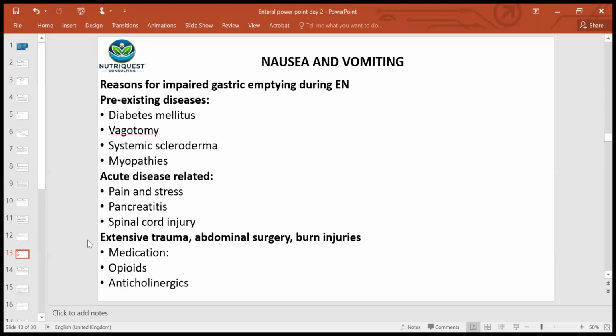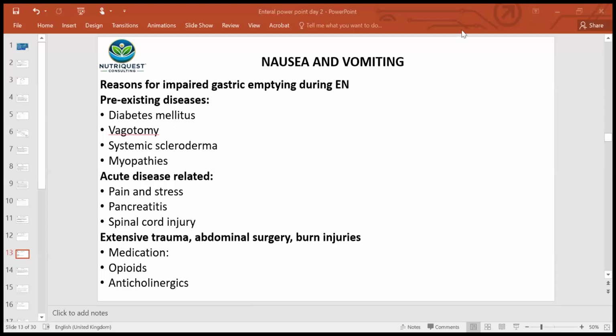Then, of course, we have extensive trauma, abdominal surgery, burn injuries, medications like opioids, anticoagulants, all those are known to cause nausea and vomiting. So when a patient is on enteral feeding and they are having nausea and vomiting, kindly be sure to investigate which could be one of the things that cause that.